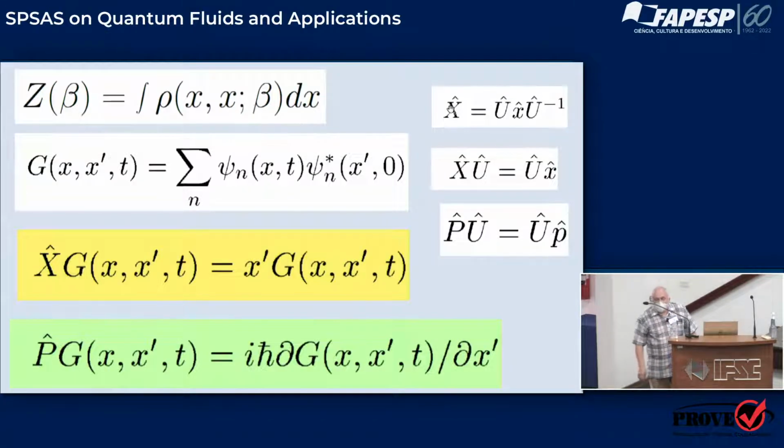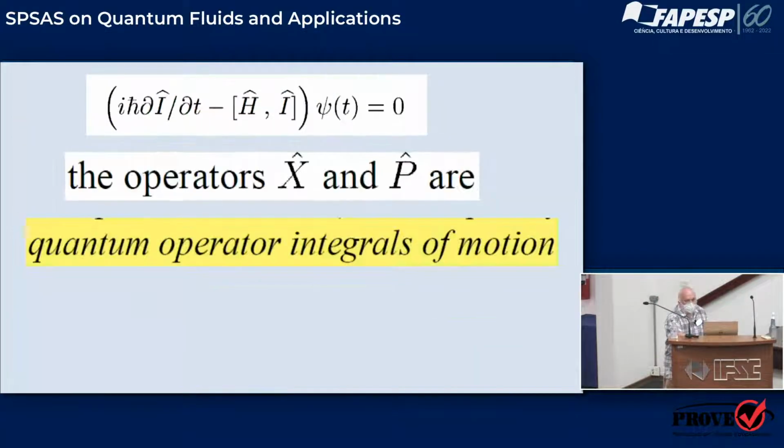But when we know, and there are simple cases when we know from the beginning, almost from the beginning, what cases? We can immediately see that this operator, X or P or another one of this structure, satisfies this equation. But this is the equation for quantum integrals of motion. If everything doesn't depend on time, then we see that the Hamiltonian commutes with this operator.